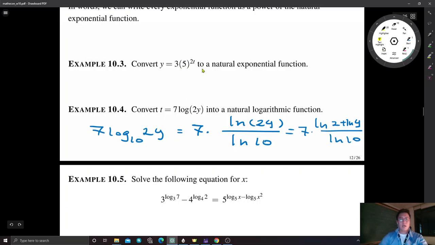So 5 to the power 2t is going to be e to the power 2t ln 5. And then we have the constant 3 that is multiplied. So 3 times e to the power 2t ln 5 is the converted form of this exponential function.